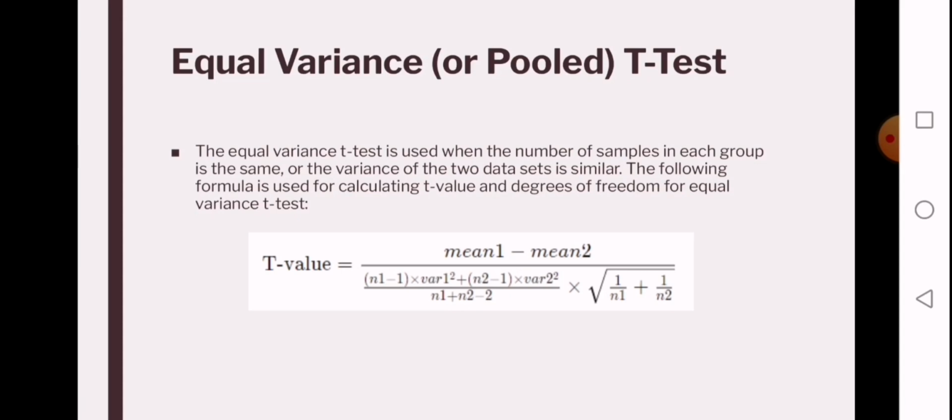We also have the equal variance or pooled t-test. It is used when the number of samples in each group is the same or the variance of the two datasets is similar. The following formula is used for calculating t-value and degrees of freedom for the equal variance t-test.